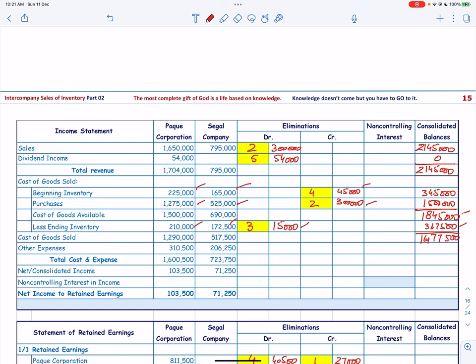Other expenses in the parents is 310 and the subsidiary is 206.